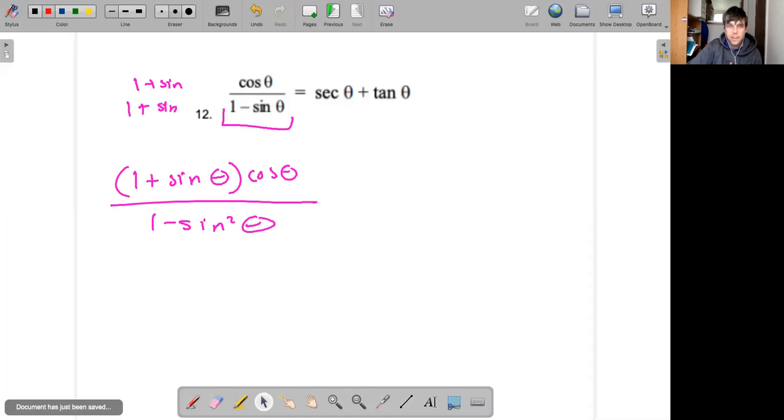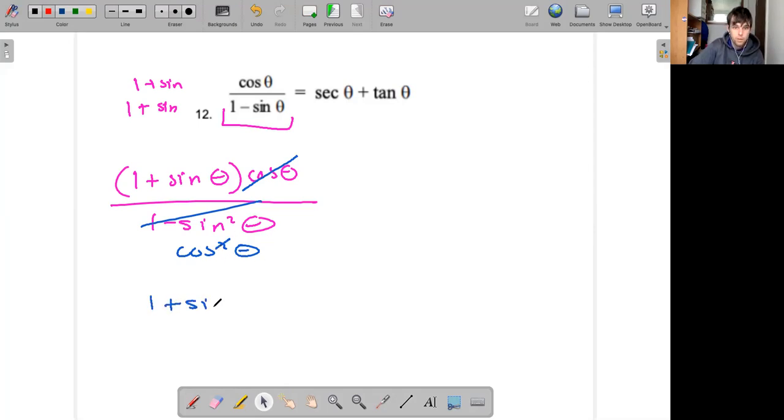Well-known Pythagorean identity for us at this point. This is just equal to cosine squared, which also is going to simplify. This cosine will cancel out, and one of these will go away. So we end up with 1 plus sine theta divided by cosine theta.